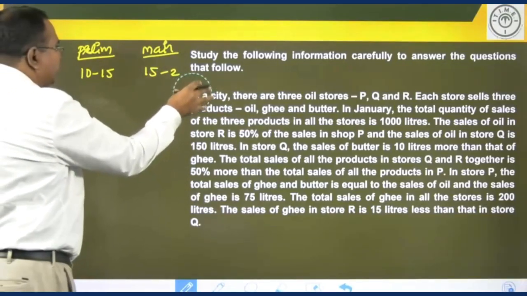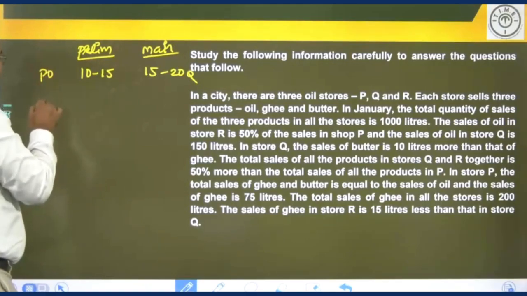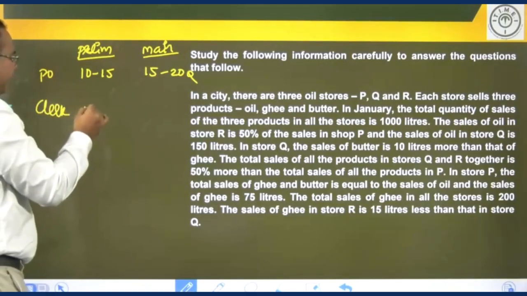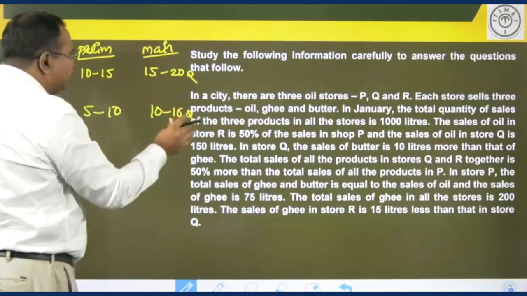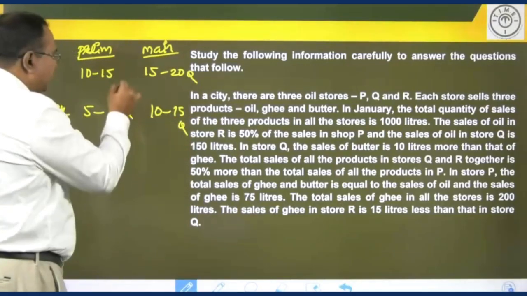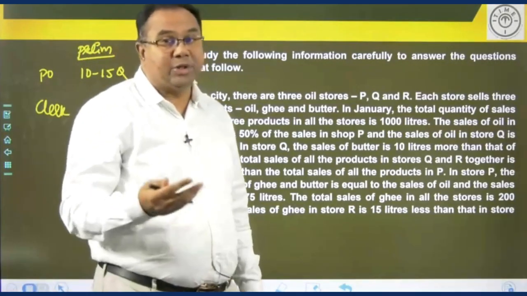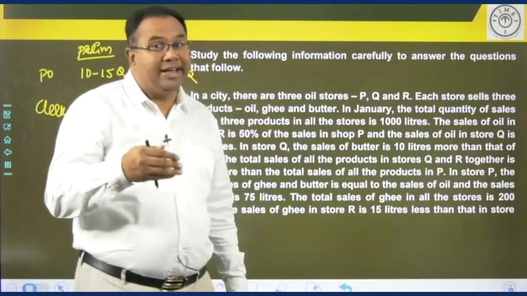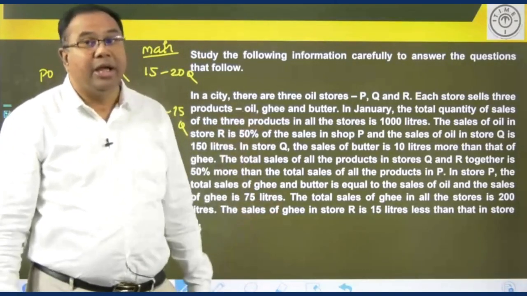For clerk prelim, 5 to 10 questions and main exam 10 to 15 questions. This is a breakup of your data interpretation. So definitely it is an important, scoring area. The score here will definitely help you move up in your merit list.